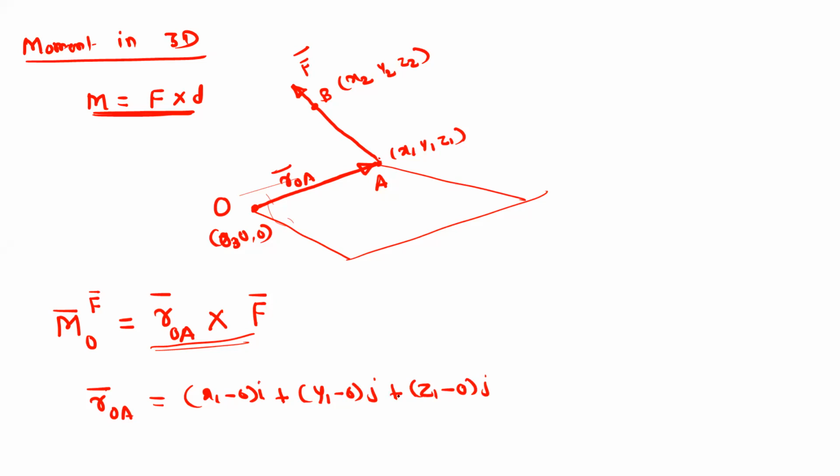So this is the position vector which joins the moment point and the point at which force is acting. So this is x1i plus y1j plus z1k.